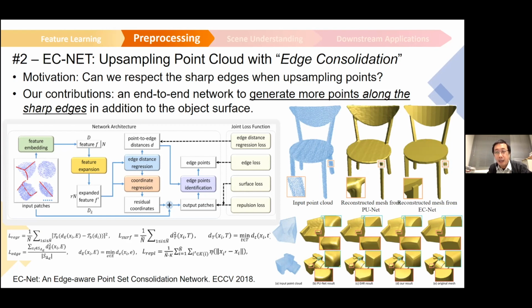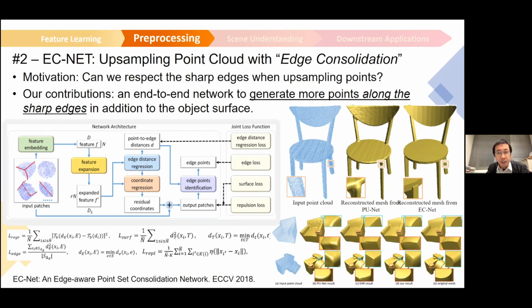So how can this be done? In this work, we developed something we call EC-Net. EC means edge consolidation. To approach the problem, we first create a regression loss component, in which we try to recover the 3D coordinates.